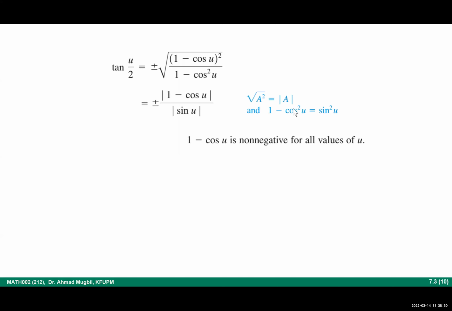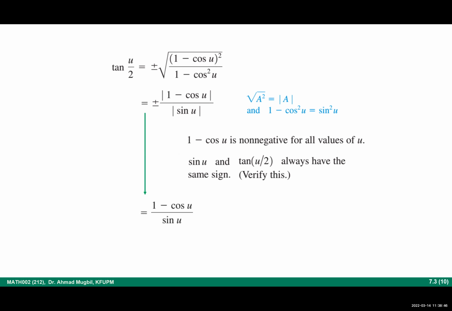As I said, 1 minus cosine u is non-negative for all u because cosine u is between -1 and 1. Also, sine u and tan u always have the same sign. If sine u is positive, tan u over 2 is positive, and so on. You can verify that. So because of that, we will just replace the absolute value of sine u by positive or negative sine u.